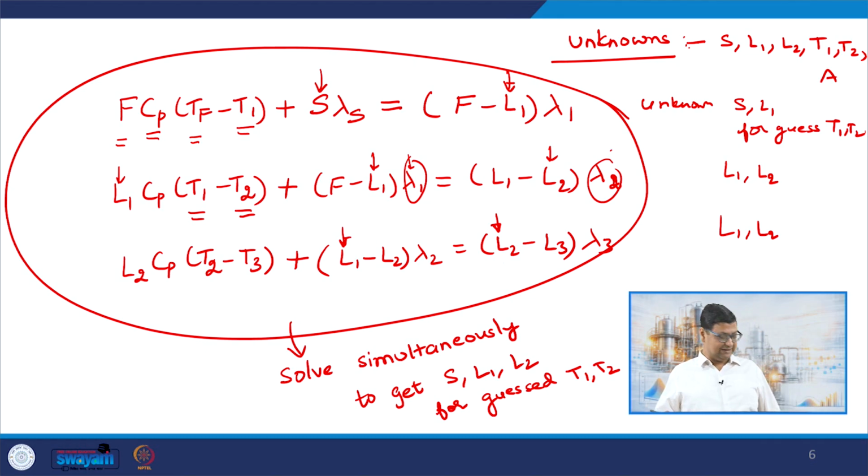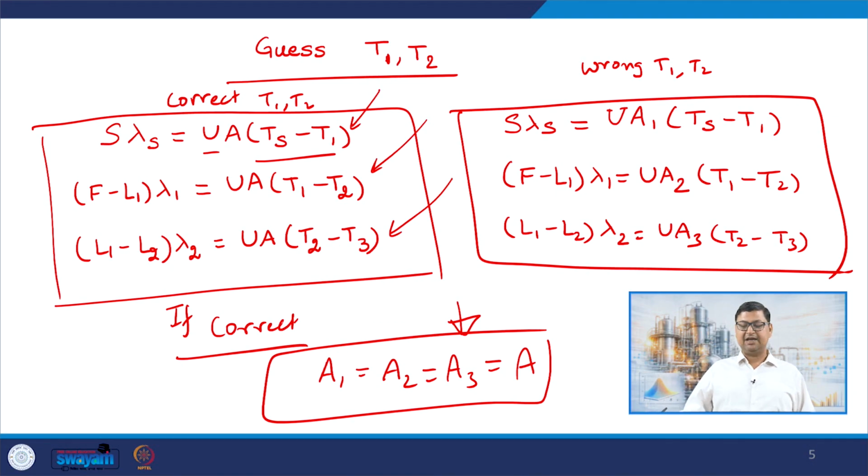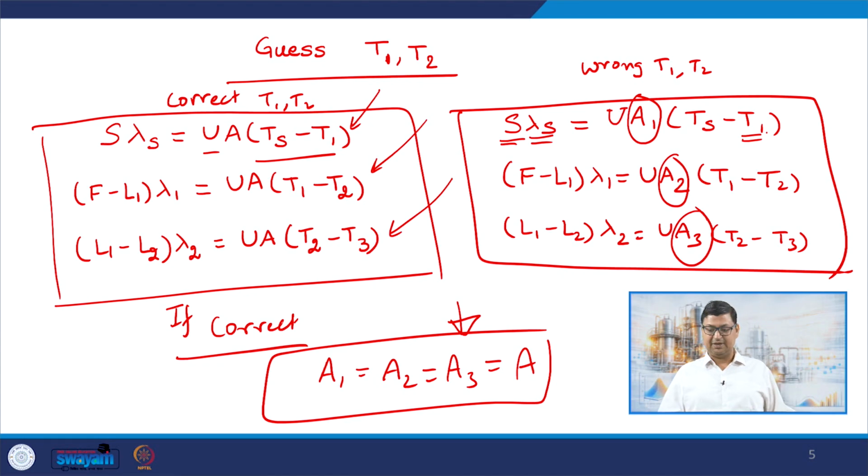Now, once I have done that, I can go back here, and I can compute the areas A1, A2, A3, because now I know S. Now I know S here, I know lambda S because Ts is anyway known to us. I know U, I know Ts, I have guessed T1. So now I can find A1 from here. Similarly, I can get A2 and I can find A3, right?